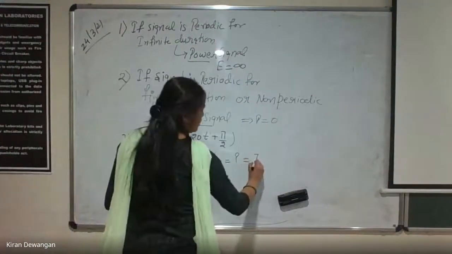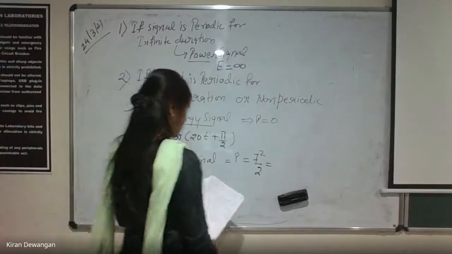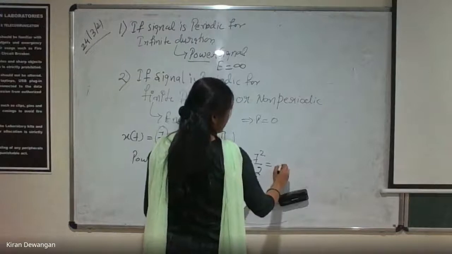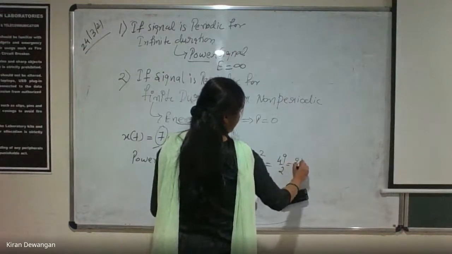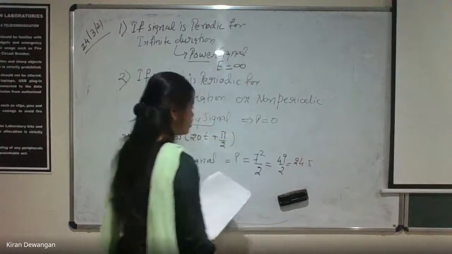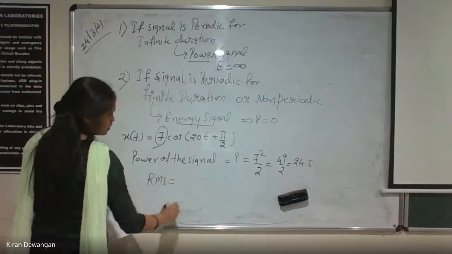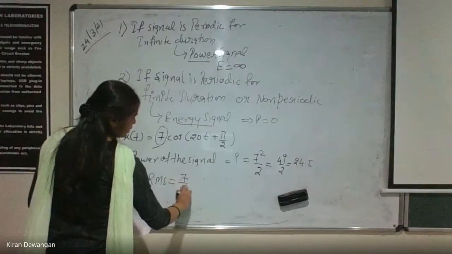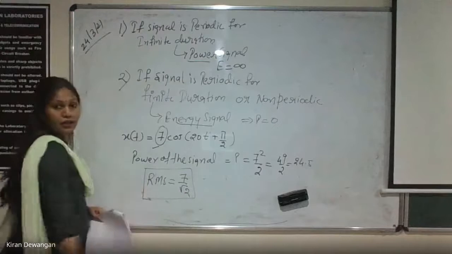So that will be 7 square by 2, which is 49 by 2, around 24.5. And if we have to find the RMS, the RMS value will be 7 by root 2.